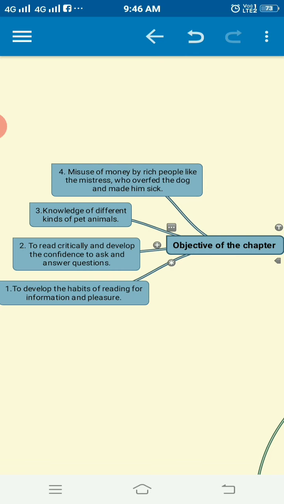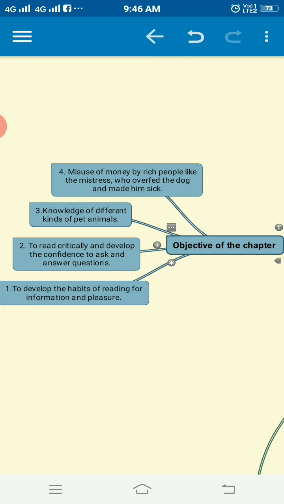The third main objective is to understand how pet animals are useful to us, what all things are related to pet animals, and what different types of knowledge we will be getting from this chapter.